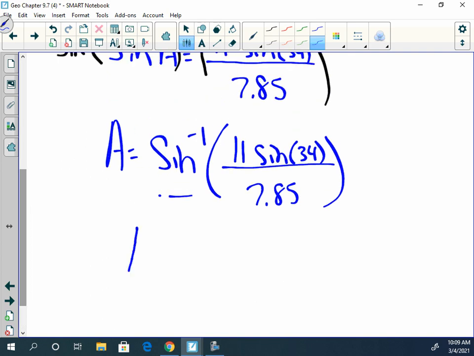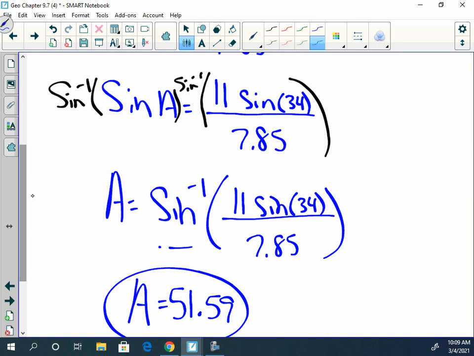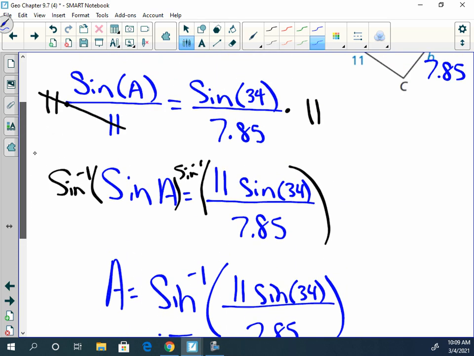Which gives us what? Let's go, if we can do 5.9. Is everybody still good with that there? Yes? Because this here is what we did yesterday to find the missing angles. Awesome. 51.59.